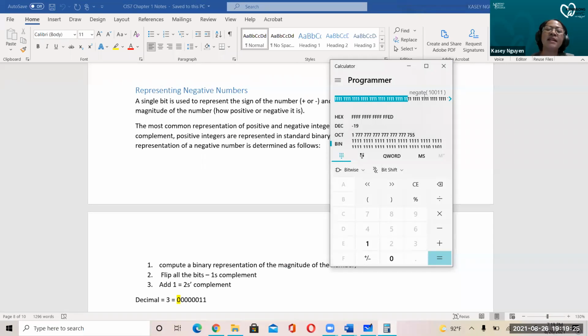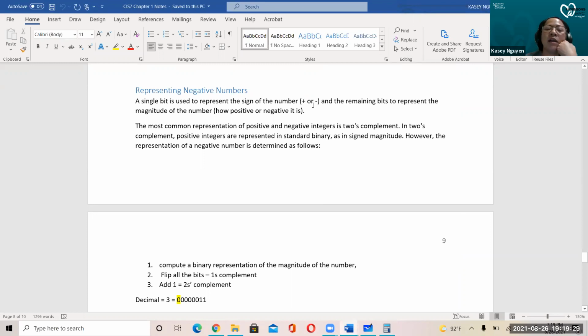It represents the negative. So a single bit is used to represent the sign of the number, a positive or a negative sign. It reserves that 1 bit to store what humans call a positive or negative sign.